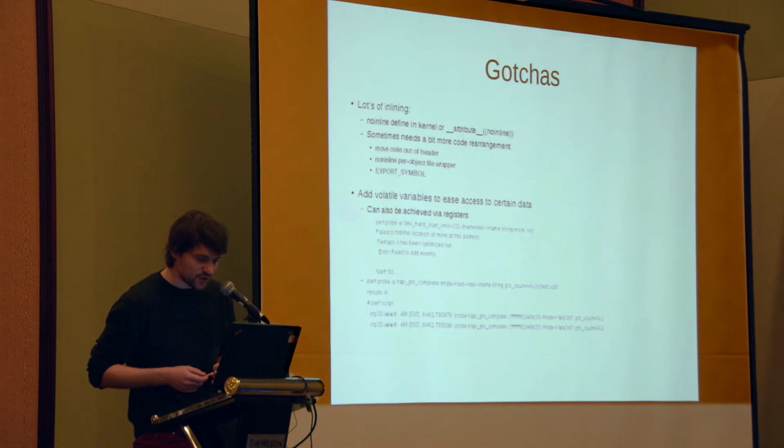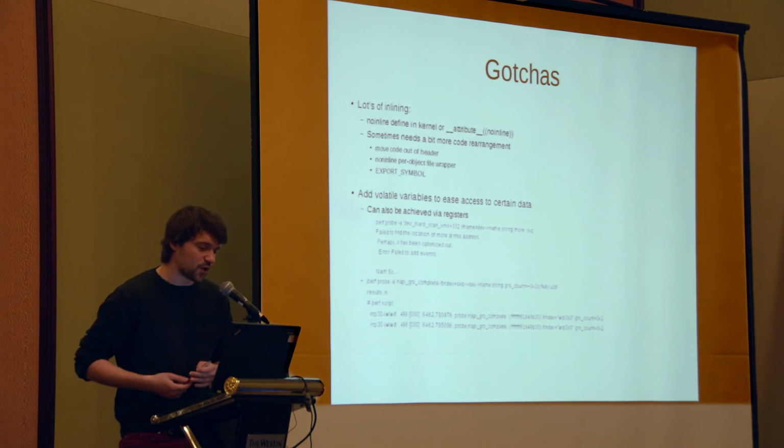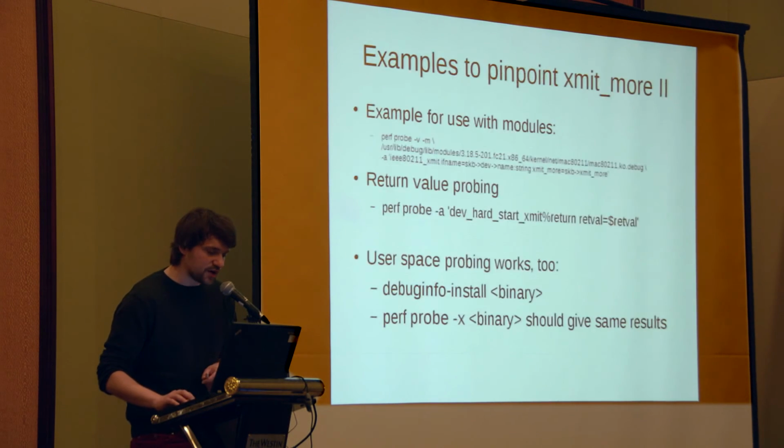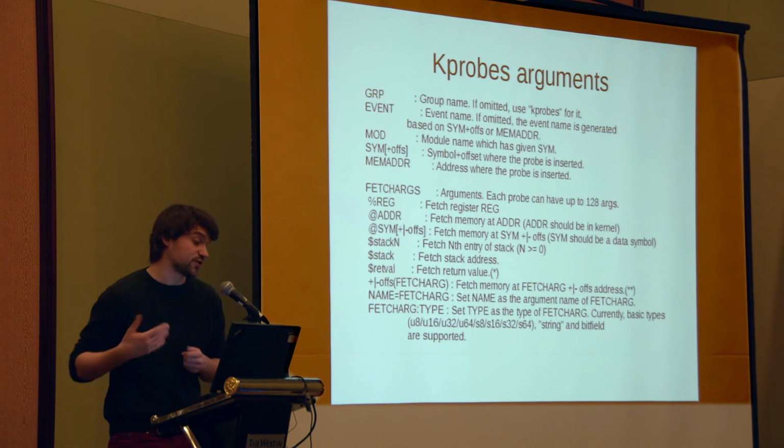Yeah, so basically what you also can do is using volatile variables to extract stuff and then just poke on the stack. There's a lot more you can actually use or capture.